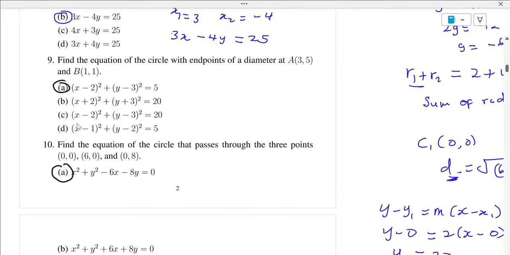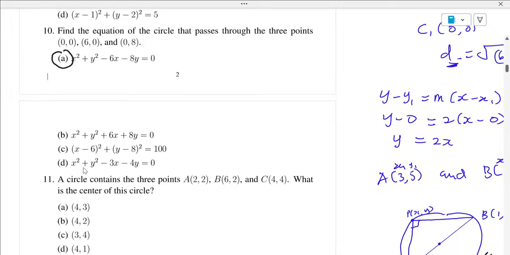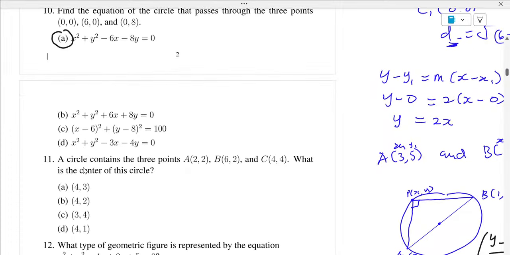Okay, so everybody, I want everyone to solve question 11. A circle contains 3 points. What is the center of this circle?